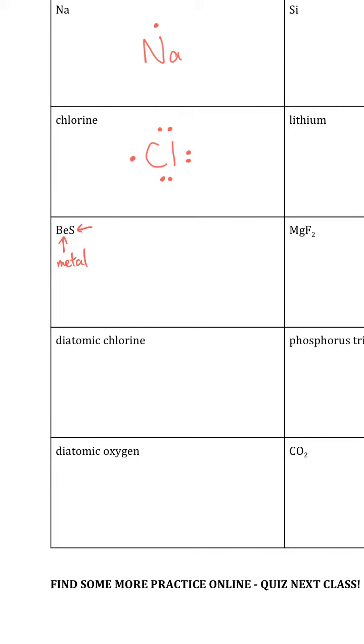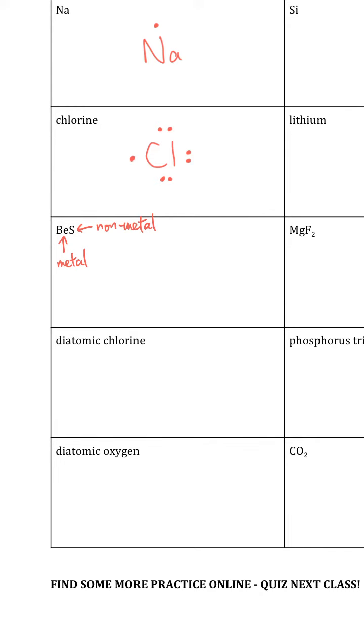S, sulfur, is a nonmetal. So here we have a metal with a nonmetal, and so a metal with a nonmetal would form an ionic bond. A nonmetal with a nonmetal will form a covalent bond.